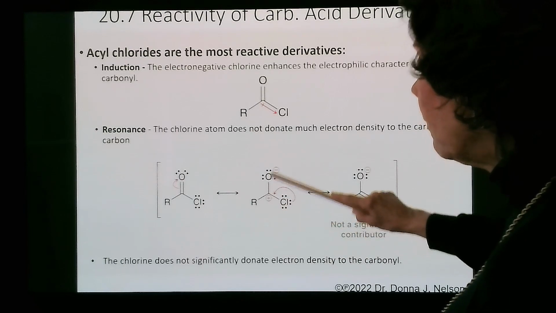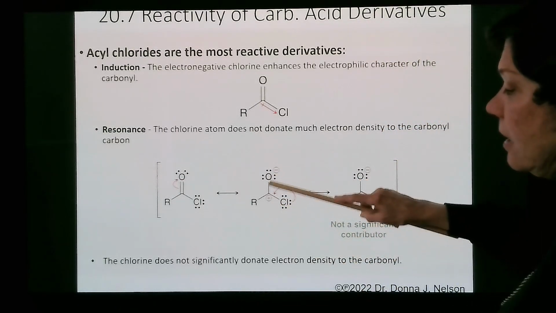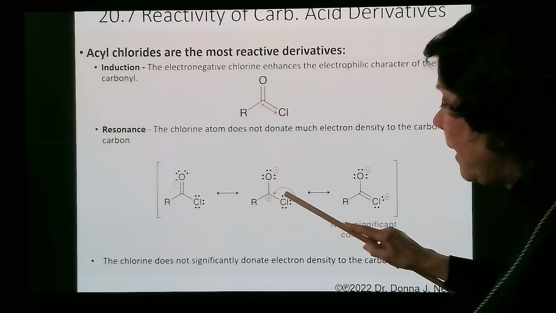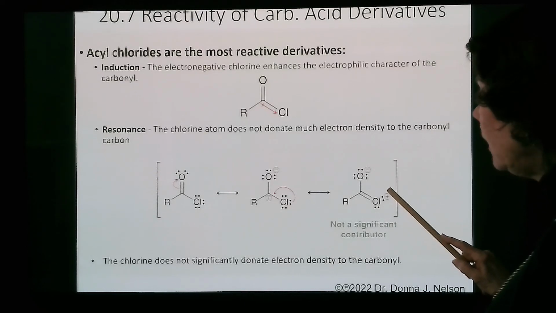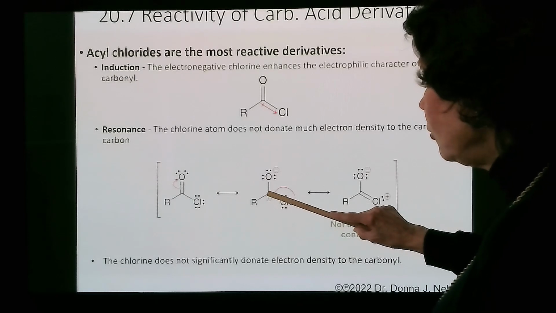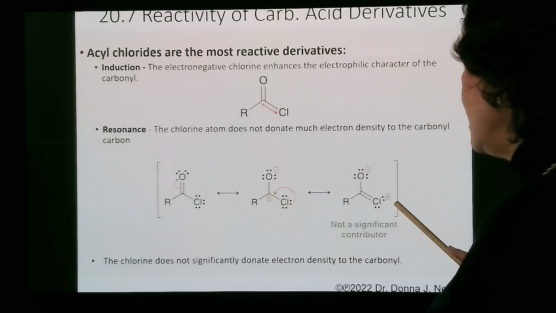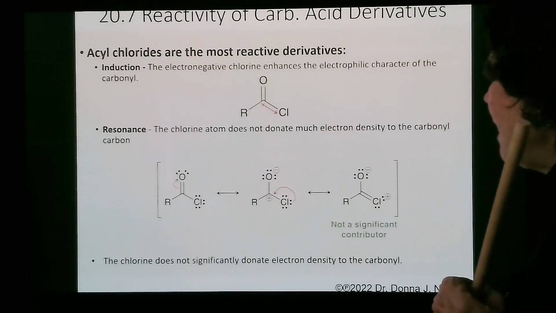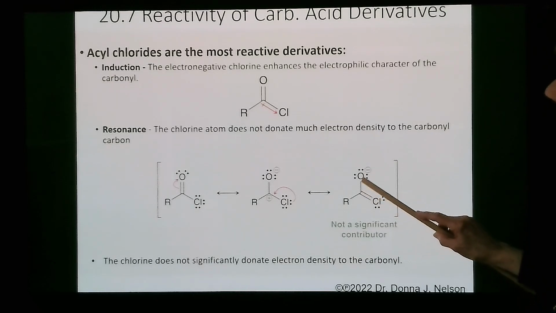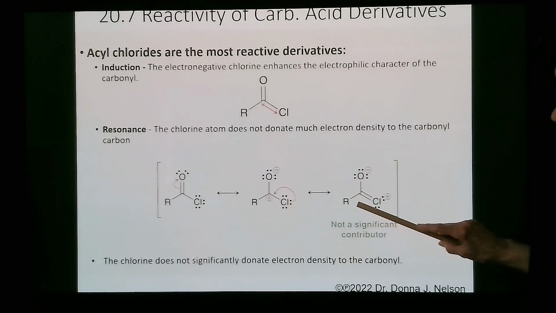So here is the typical resonance structure that you would draw if you had, just say, a ketone or an aldehyde. But now you have chlorine attached, and so you have a pair of pi electrons. The chlorine can donate a pair of electrons to the positively charged carbon, but it's not that much of a donor in this molecule, and so this is not a significant resonance contributor.